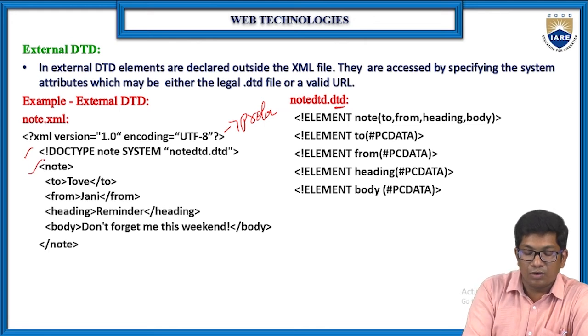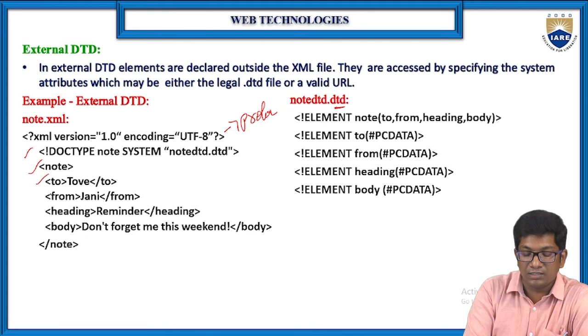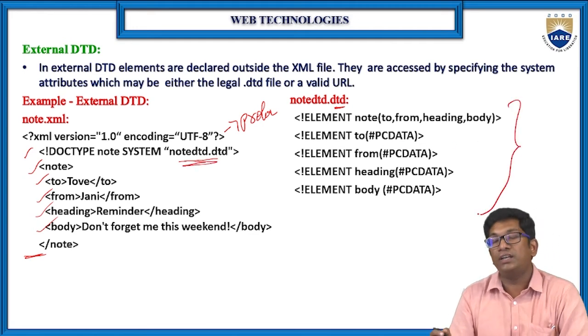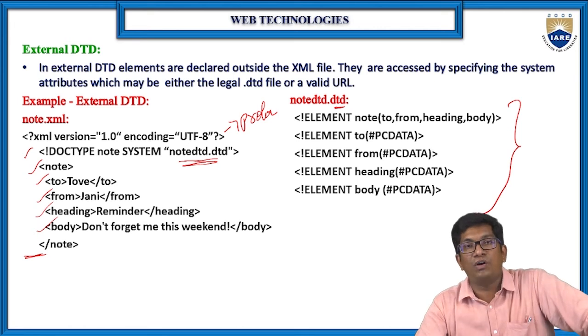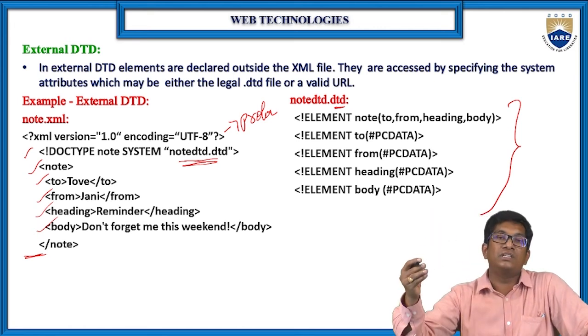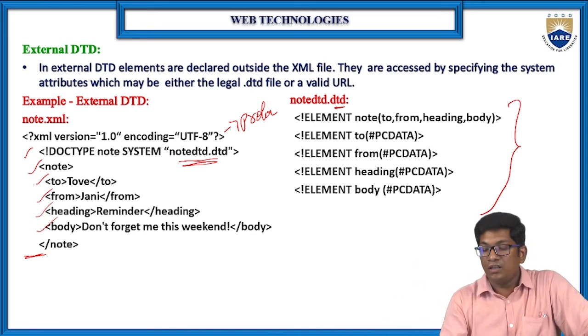The remaining: note is the root, and the children are to, from, heading, body, and close the note. It follows the structure, and whether it is a well-formed and valid XML document or not, you have to check in note.dtd. So note.dtd contains the actual structure of the XML document: which one we have to use as root, and which one is a sub-child, we specify here.